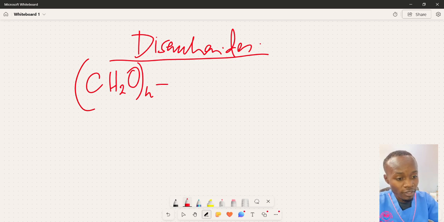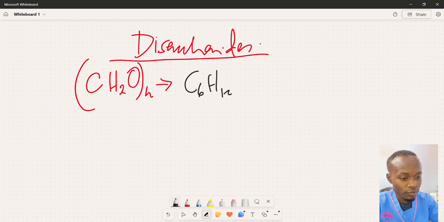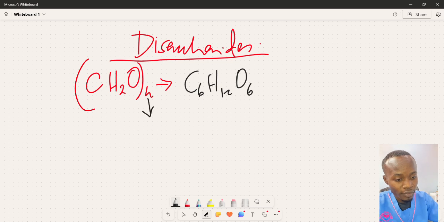So this will give us C6H12O6. This is the formula for glucose. So this n is 6, don't forget that. So we move on.